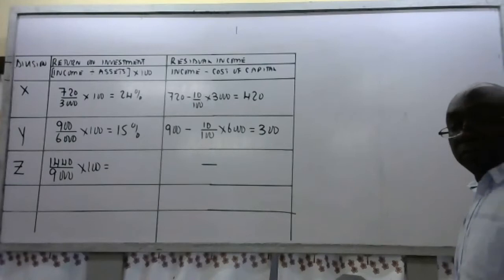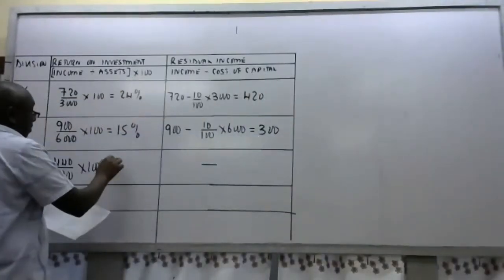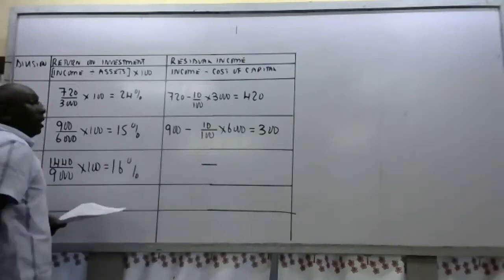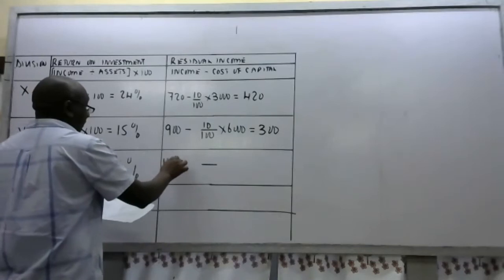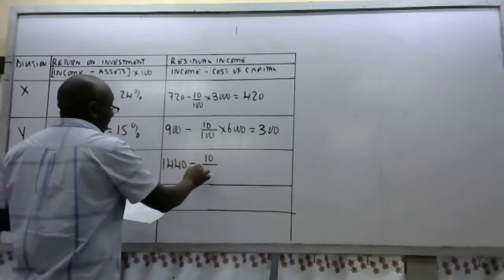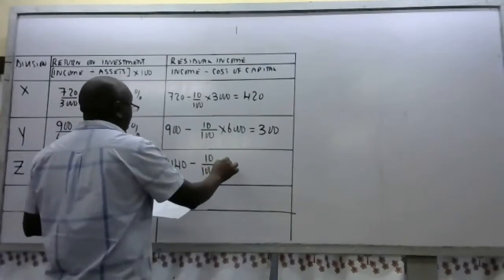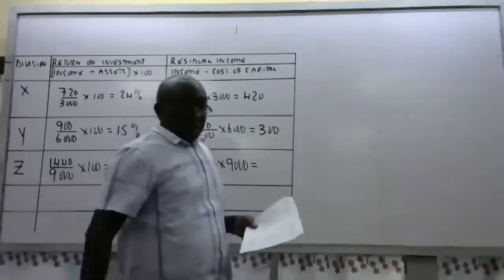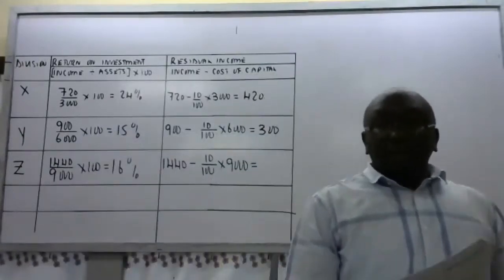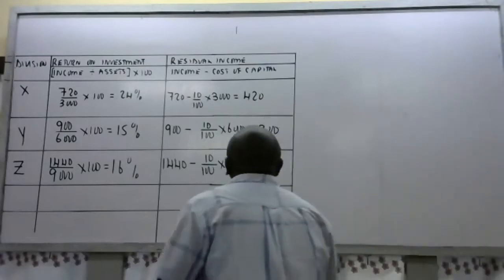So 16% here. Then on this other side, we will say 1440 minus 10% of 9,000. June already has sent 540. Churchill, Jack, good, 540.